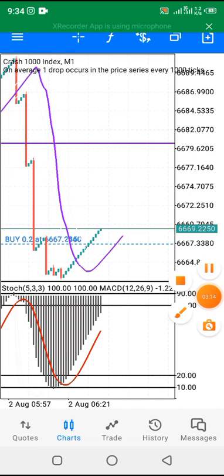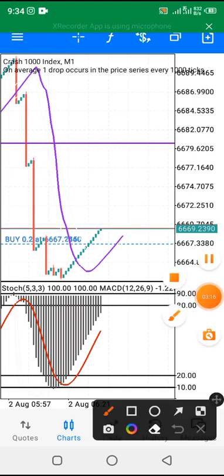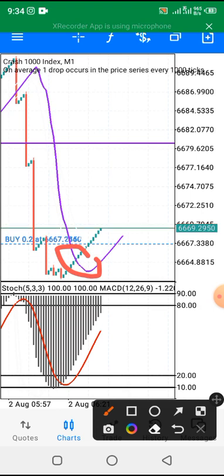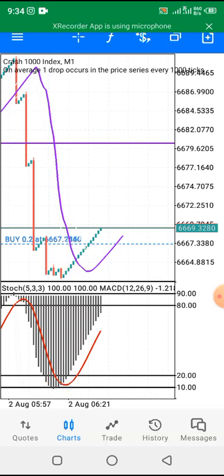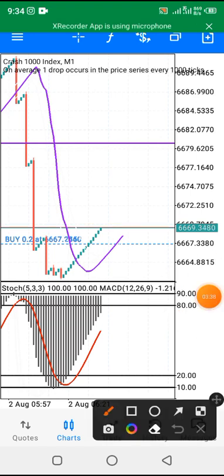But now, after the crossover, as you can see here, guys, you wait for this crossover of the alligator. After the crossover, you're now looking to buy, right? In the MACD, you can see it touched the 10 region, which is here.